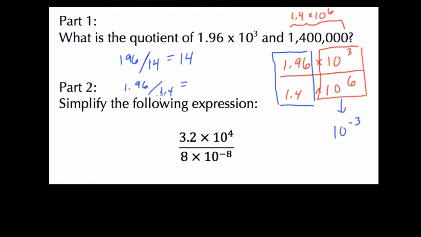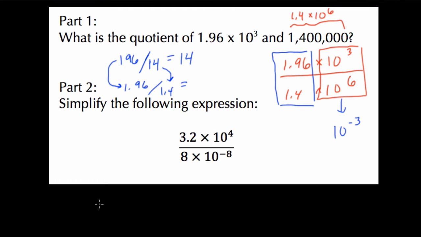So this will change our answer slightly because 196 is divided by 100, and 14 is divided by 10. So how will this affect our answer? Well, when you make your numerator 100 times smaller, your answer becomes 100 times smaller.